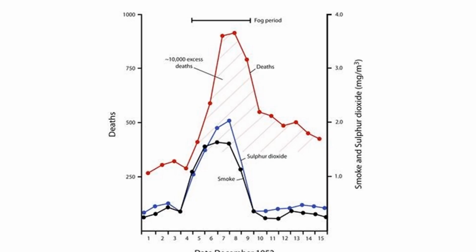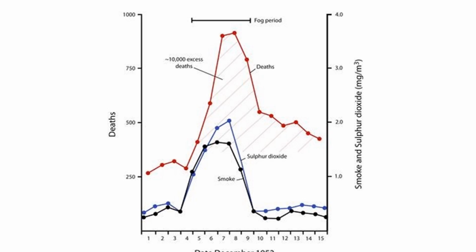When they plotted the number of deaths with the increase in the level of smoke and the increase of levels of sulfur dioxide in the air in London during that week, and also plotted the excess number of deaths during that same week, the connection was very clear.